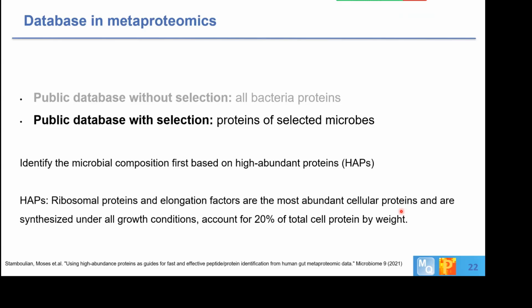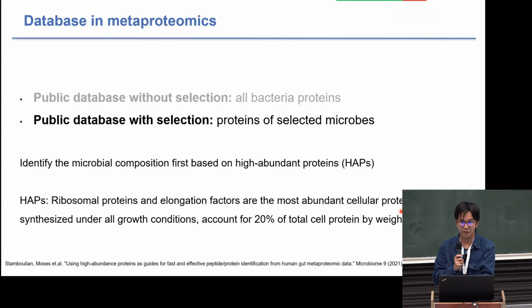So for all of these active microorganisms, these are the most abundant proteins, and they account for around 20% of cell proteins by weight. So it gives us a very strong signal to detect their composition.